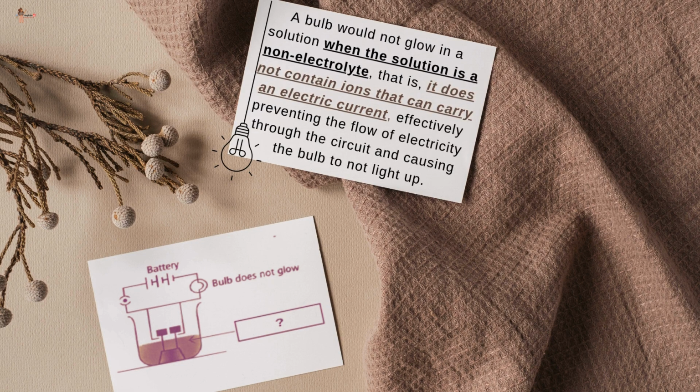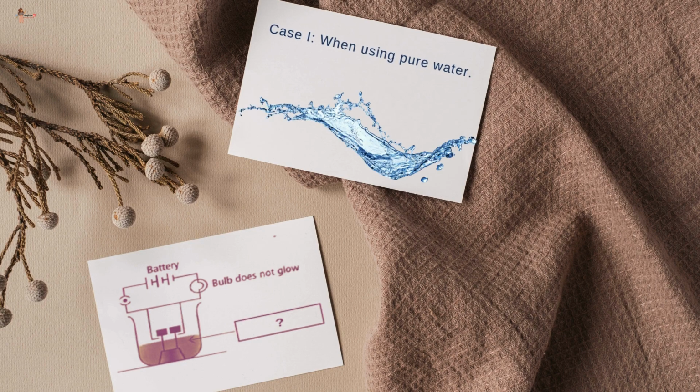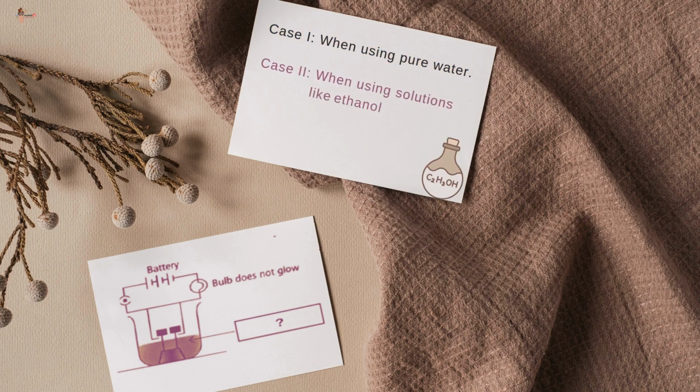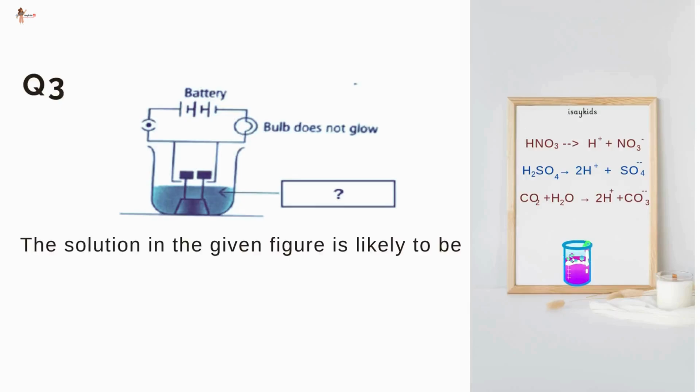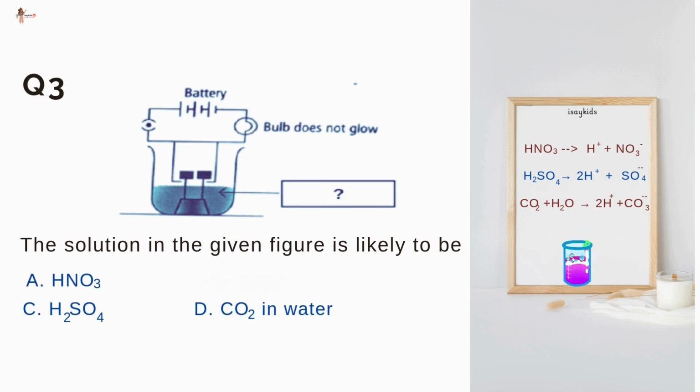When there are no ions, the flow of electricity through the circuit would not be possible and hence the bulb would not light up. Now this can happen in two cases, when using pure water or when using solutions like ethanol, as they don't readily dissociate into ions, while all other given solutions readily dissociate. So the correct answer is option B, ethanol.